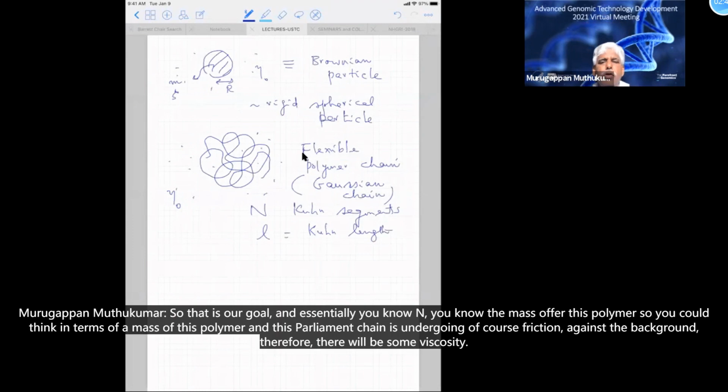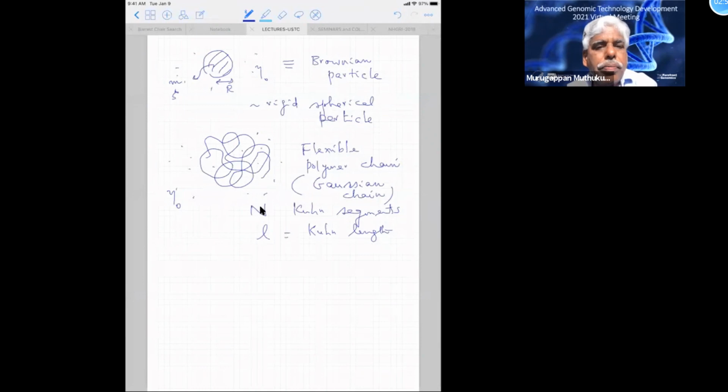So that is our goal. And since you know N, you know the mass of this polymer. This polymer chain is undergoing friction against the background, therefore there will be some viscosity.